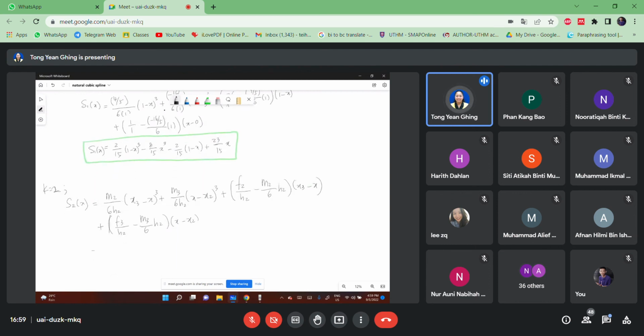So M2 is negative 16 over 5 over 6 times 1. x3 is 2 minus x power of 3 plus M3 is 0. This one is 0, this one is zero too.